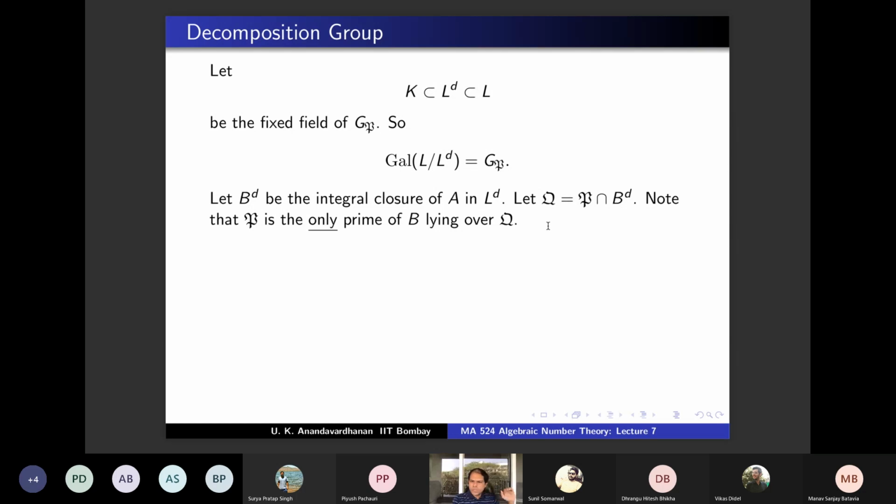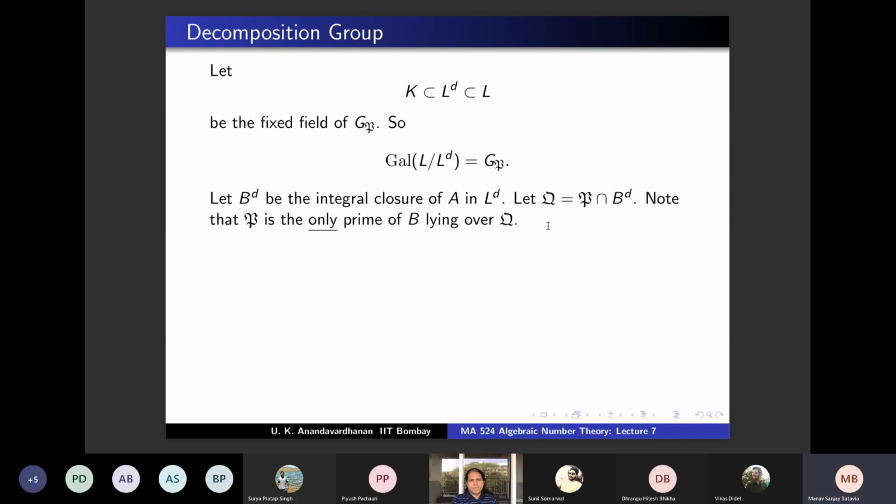So we have the decomposition field LD, and you have the integral closure there, and you are taking Q to be P intersection BD. So by definition, P is lying above Q. But the claim is this is the only prime lying above Q. Why is that? There is no other prime in B lying over this Q.